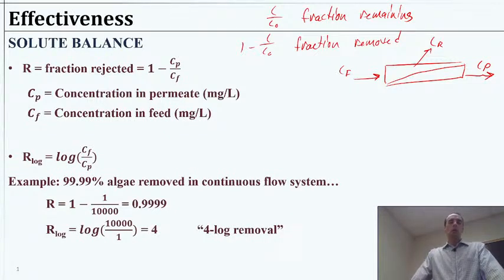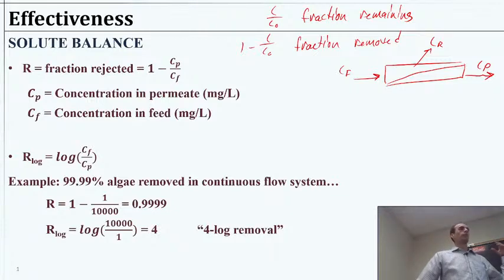Okay, so if those are milligrams per liter, that would be a typical scenario. We could have some portion removed, and we can also put that in a log form, log base 10. So our log would be the log of CF divided by CP. This is a bit of a rearrangement, a conversion from the way of writing it where we'd say 1 minus 0.0001 remaining.